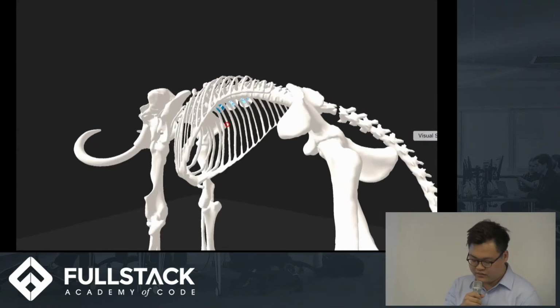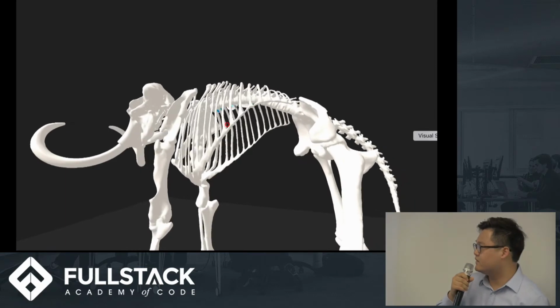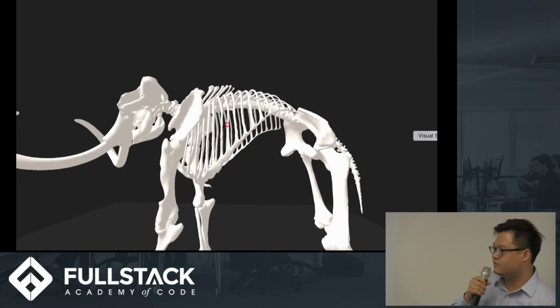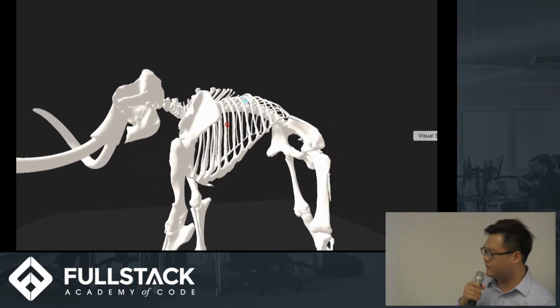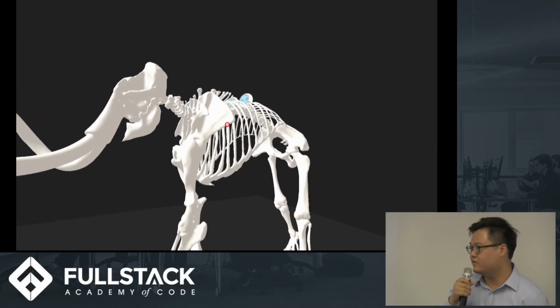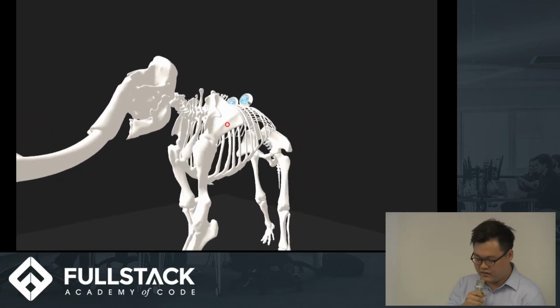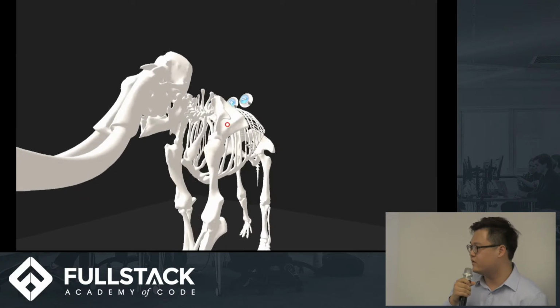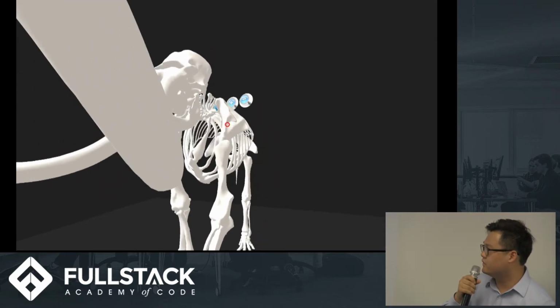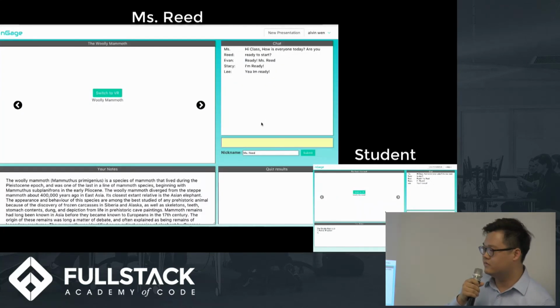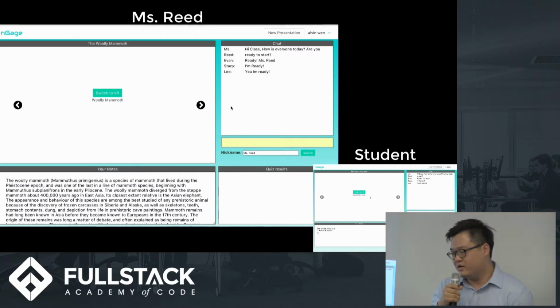This allows Ms. Reed to better illustrate the massive size of the woolly mammoth by immersing her students in virtual reality. Using a combination of Google's cloud storage and A-frame, we were able to illustrate our VR models with low friction, thus allowing all viewers to view VR contents without installing any applications for our web-enabled devices.